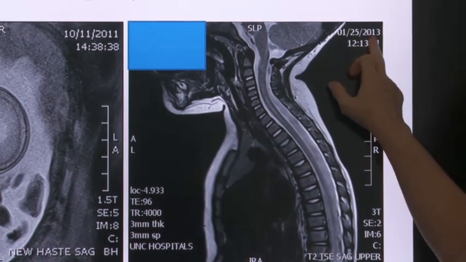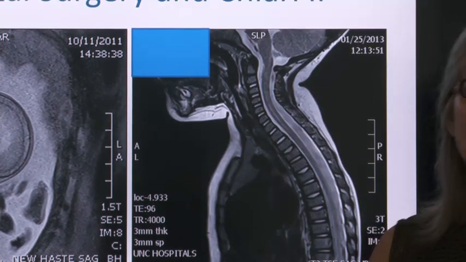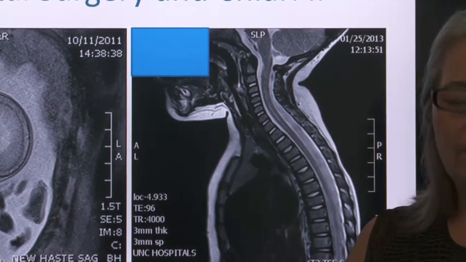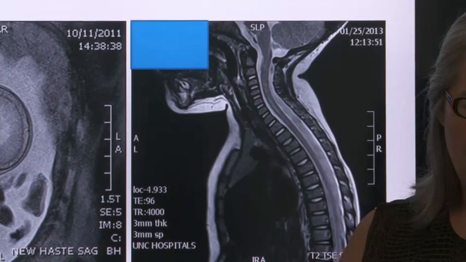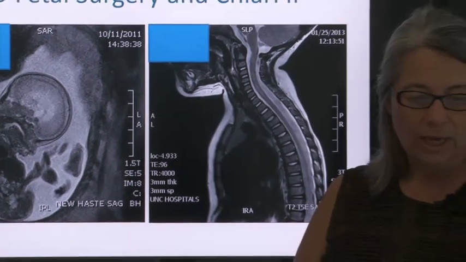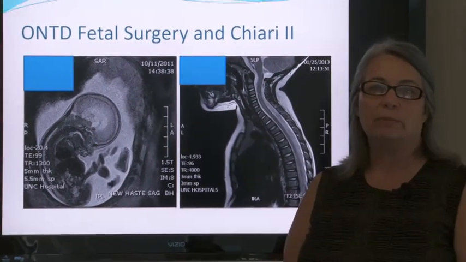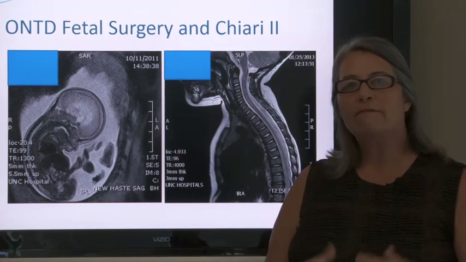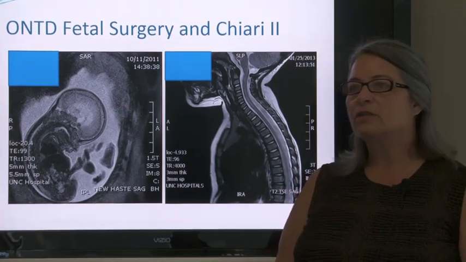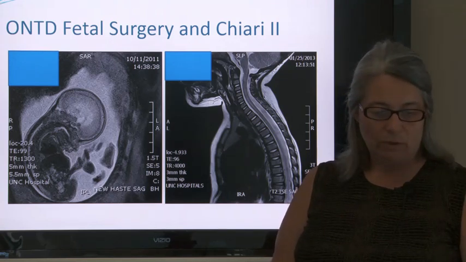He's a little over a year old, and you can see in imaging his Chiari malformation ascended from the time he had fetal surgery until he was a year old. He did, however, require placement of a ventriculoperitoneal shunt, but he had very slow development of his hydrocephalus over 14 months, and he was 14 months old before he required that.